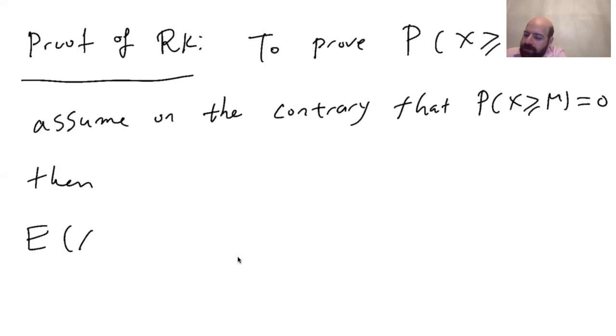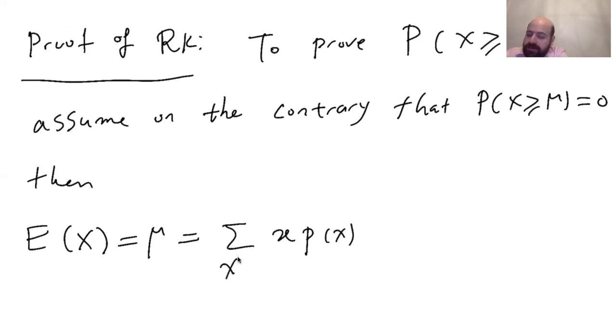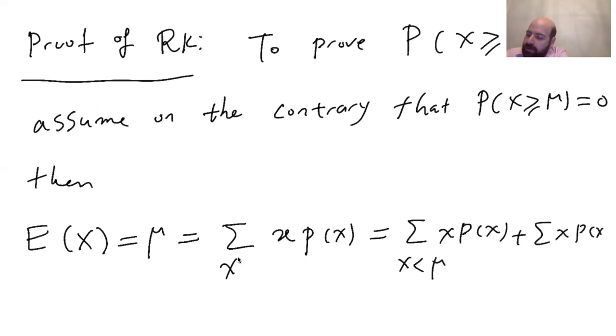the expected value of X, which by definition is equal to mu, is equal to the sum over x of x P of x, where the sum is over all possible values of X. Now I want to break down this sum as the sum over x of x P of x with x being less than mu, plus the sum over x of x P of x with x bigger than or equal to mu.